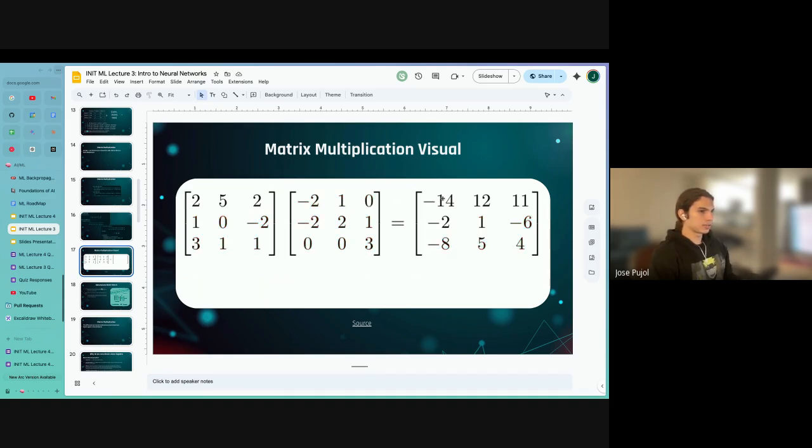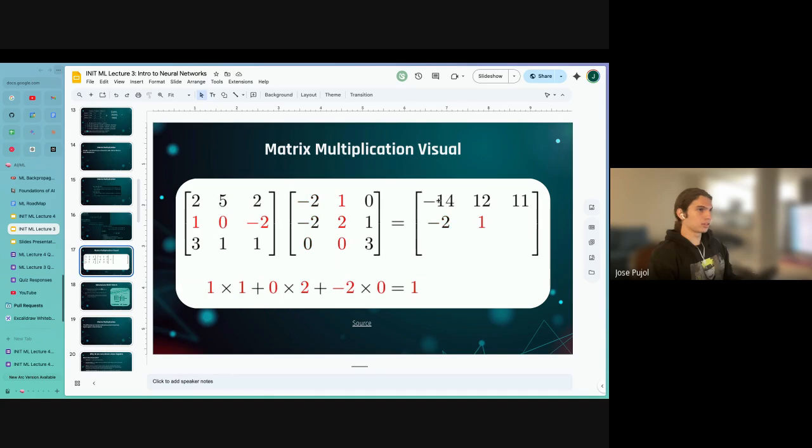The way you get this first entry is by performing a dot product between 2, 5, 2 and -2, -2, 0.